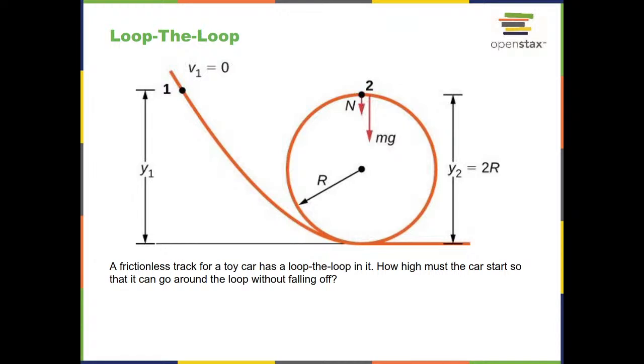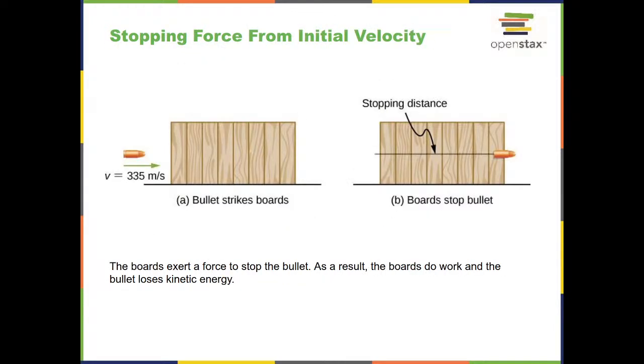There's a couple of other problems we can do with this. There's, for example, the stopping force. If we have an initial velocity, let's say we shoot a bullet at a set of wooden boards. That is not a demo that we do in class typically. But if we were to do that, you would see the bullet stop at a certain distance into the boards. That distance multiplied with the unknown force with which we're stopping this bullet must be equal to the change in kinetic energy.